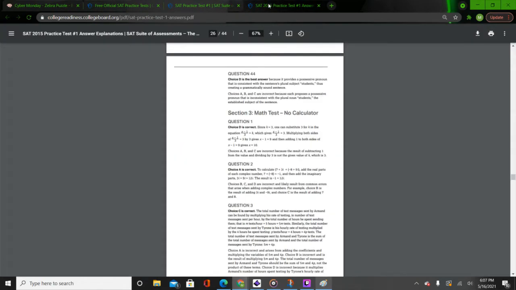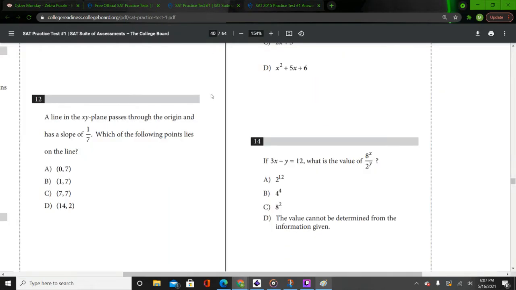I do have the answer explanations, which are also a really good source. I'm basically doing that, except I'm doing it without looking at it. I'm just looking at the answer choices and solving for them. I'm not looking at the actual solution. Here, I will try my best to see if, oh, worksheets.